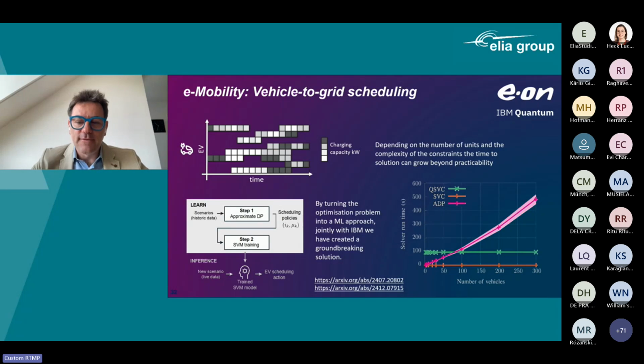And what turns out to be the result is shown on the right-hand side, where you see again the solver runtime as a function of the number of vehicles, and you see in purple the approximate dynamic programming, the classical solution, and you see that the runtime explodes as a function of the size of the problem. And then you see how much more favorable scaling we have for this machine learning approach, the classical one in green, and then in orange the quantum version of it.